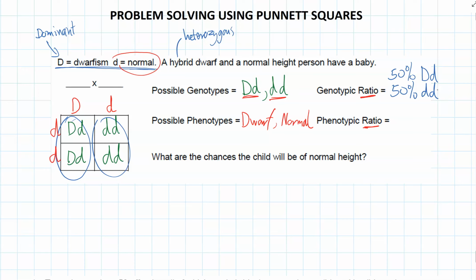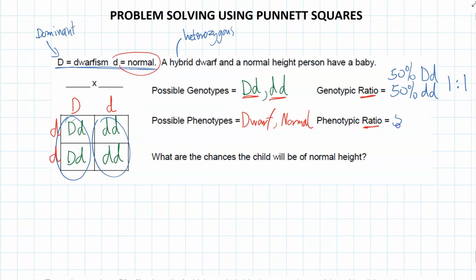And then you can also write that as a ratio. So 50 to 50 is the ratio, but using our math skills, we know that 50 to 50 simplifies to 1 to 1, just like simplifying a fraction. And we think about the phenotypes as well. And in this case, it is 50-50 again.